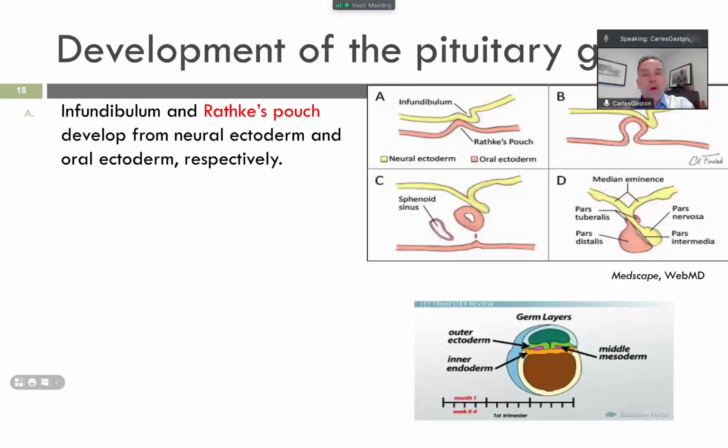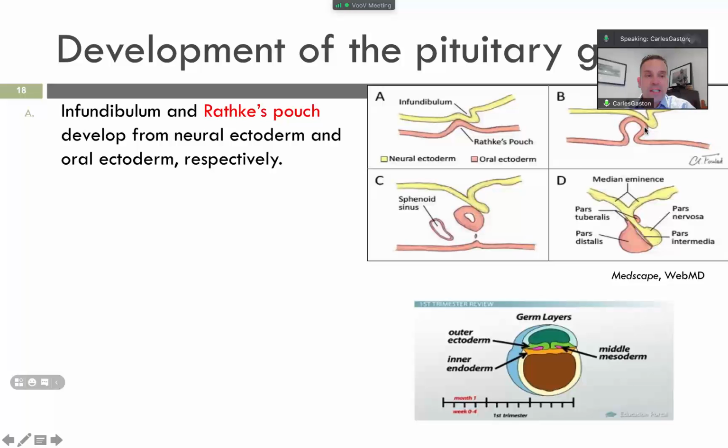So now that we know about the gross anatomy of the pituitary gland, we're going to study the development of the pituitary. The development of the pituitary is controlled genetically, and it's very important to understand later physiology. So it starts here in A with the Rathke pouch, or oral ectoderm, which touches the infundibulum, or the brain.